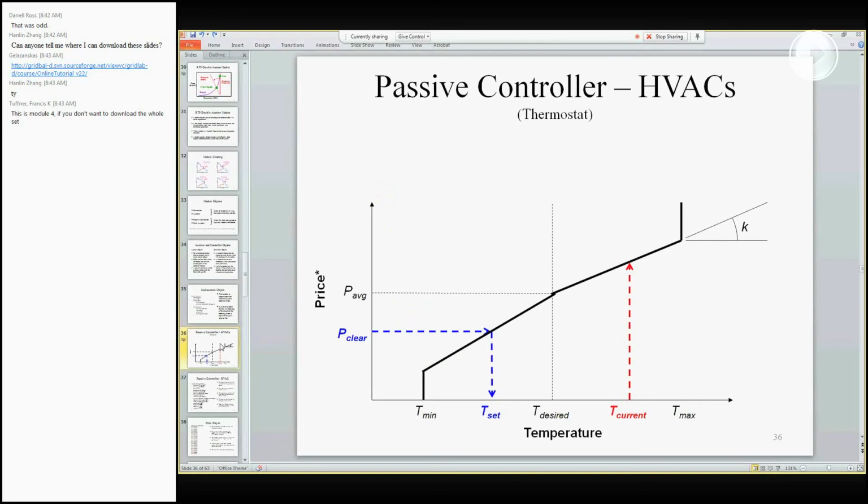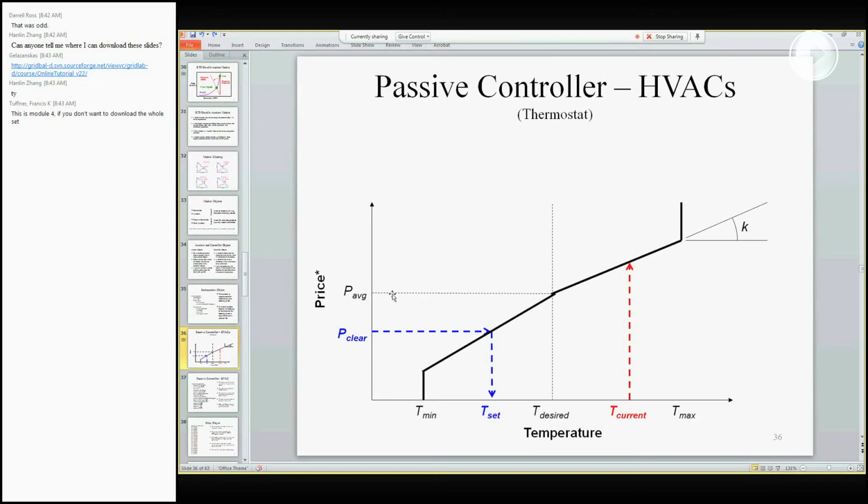So when we look at what we'll call passive controllers, this one is, for example, a graphical representation of what the controller on the HVAC thermostat might do. Again, this is a price-based response. In this case, we're looking at the customer's desired thermostat set point, so say this might be 75 degrees.